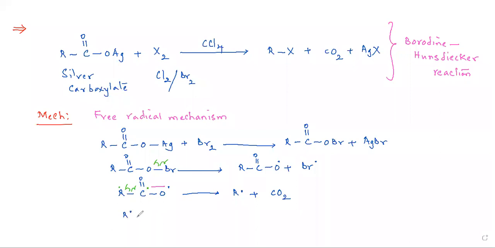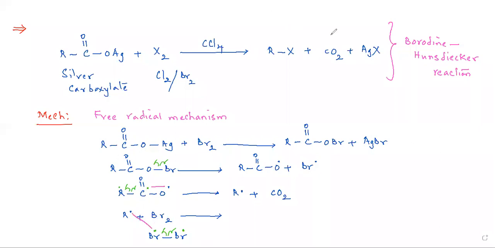Now this alkyl free radical reacts with the bromine. Even here also it can be shown this way. Go for homolytic fission again. These two combine.